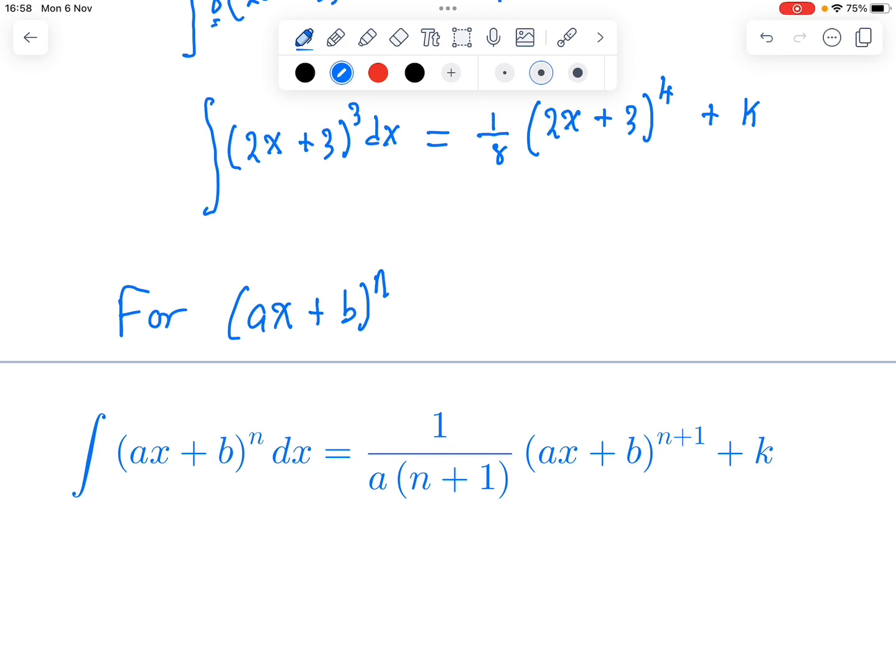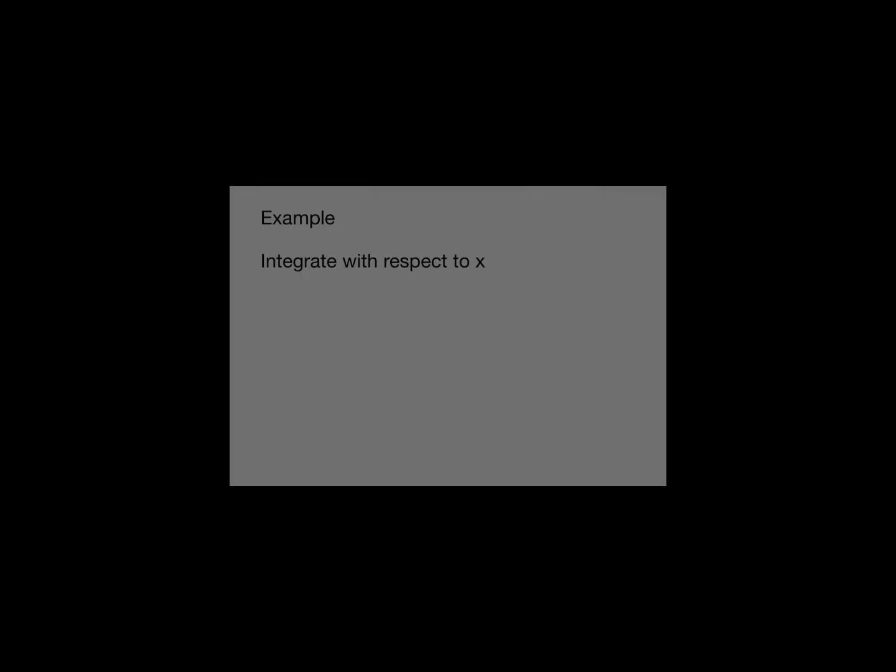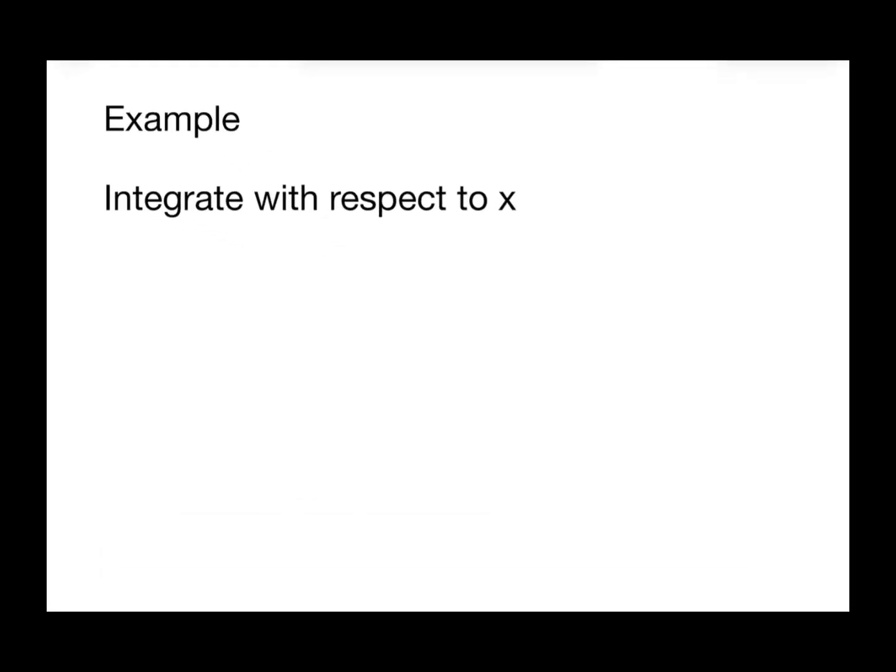Now, let's take an example. Integrate with respect to x. Let's consider the integral of, let's say, 4x minus 2 all to the power of 3 with respect to x. Now, integrating this simply means the value of a is 4, so this is 1 over 4 multiplied by the new power.